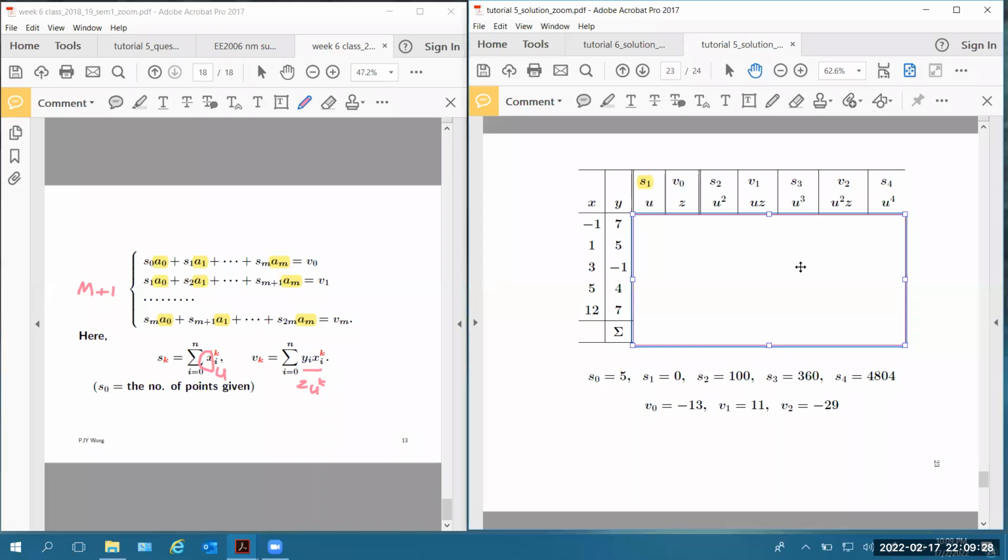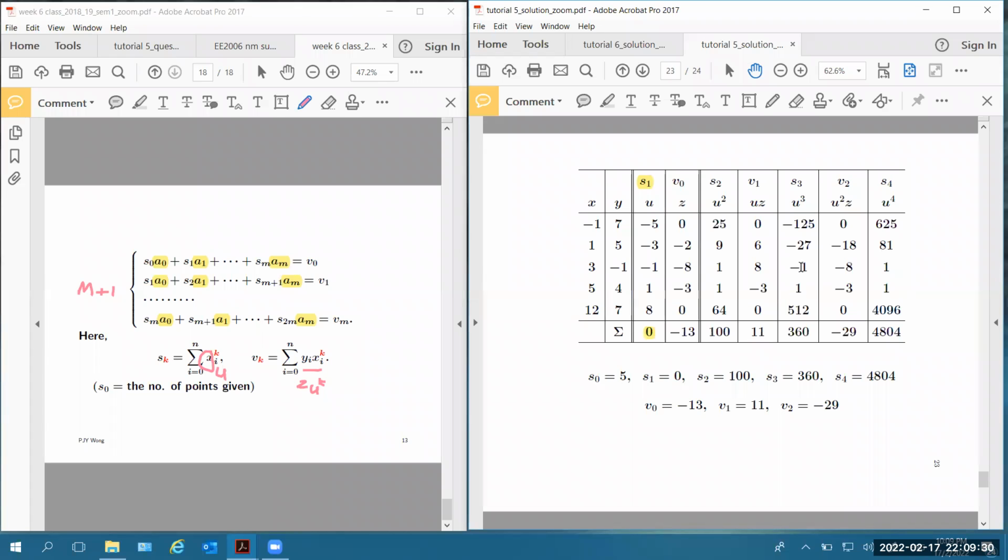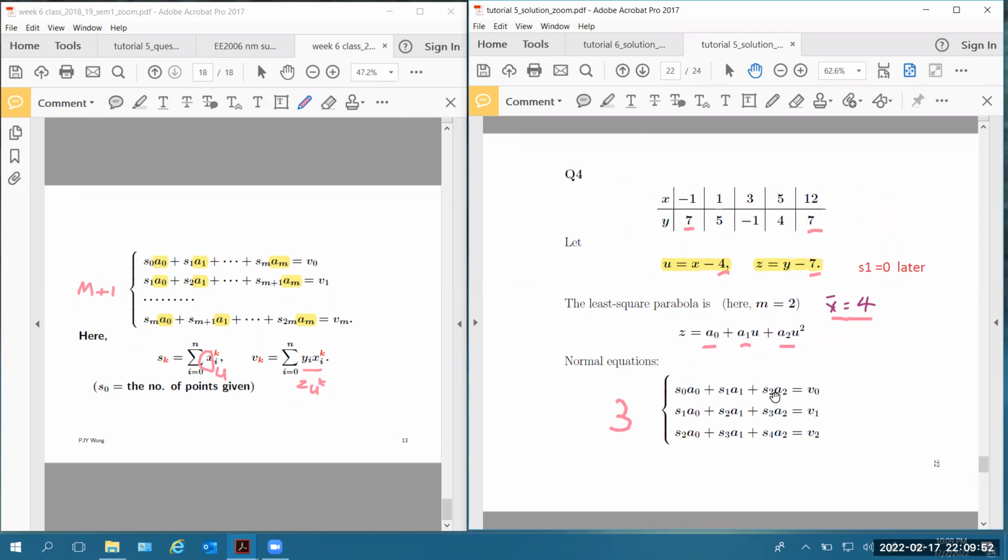So when you do up all these, right? And then when you sum up, this is your S1, this is your B0, this is your S2, and so on. And as expected, your S1 is 0. Okay, so this will happen if you take X minus its mean. All right, so you got all this already, and you will put into your normal equations.